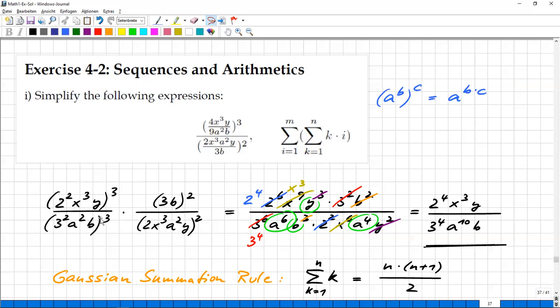Below it's 2 times 3, so 3 power 6, a power 6 also, and b power 3. Going on, just putting this together into one fraction. 3 squared times b squared, just removing the parentheses. Then 2 squared, 3 times 2 is 6, so x power 6. Then a power 4 here, and y power 2.